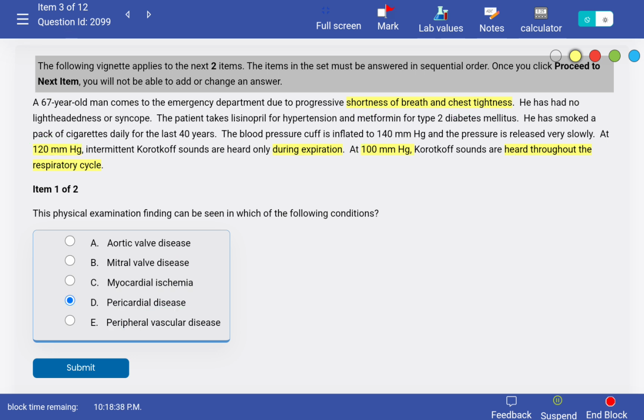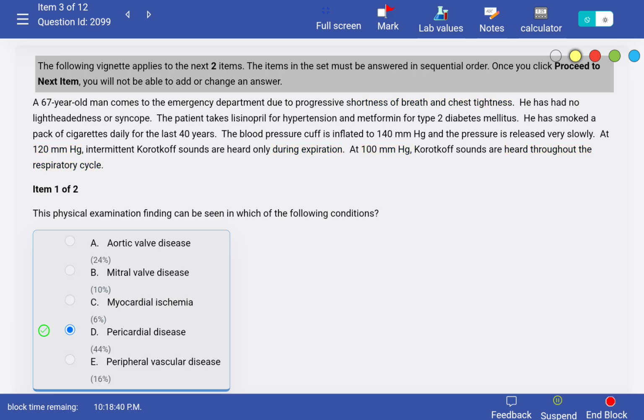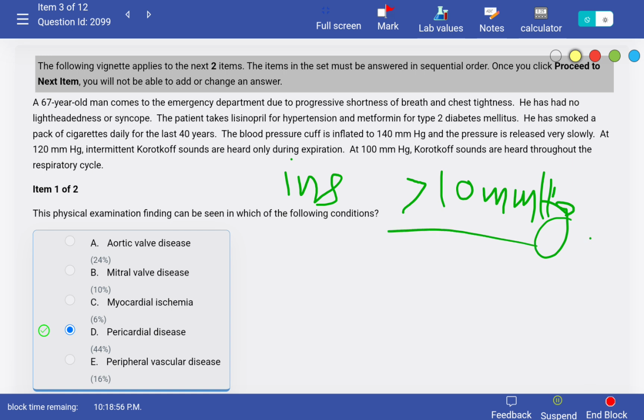Why option D? Because this is the case of pulsus paradoxus, right? What would happen in case of pulsus paradoxus? During inspiration, the drop in pressure is greater than 10 mm of Hg, just like in this case, right? The pressure drop is more than 10.